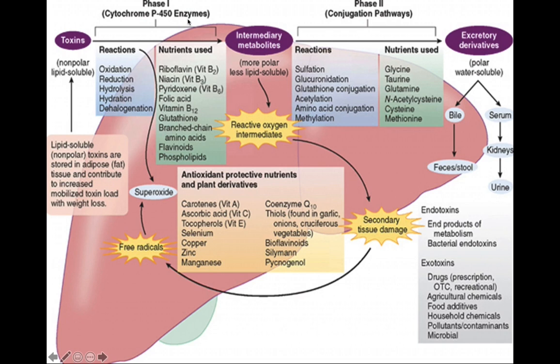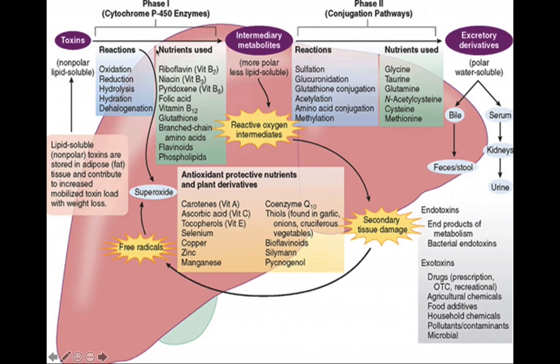Phase 1, the cytochrome P450 enzyme system, is involved in trying to take these toxins that come in as fat soluble, and the goal is to make them less lipid soluble and eventually more water soluble for excretion through urine or bowel.